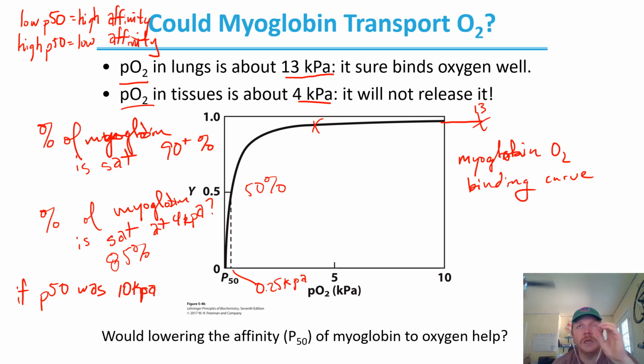Now, if the protein's P50 was 10 kilopascals again, and the concentration in that environment was 4 kilopascals, then it wouldn't have a high enough affinity for the small amount of O2 in that environment to be at 50% saturation.